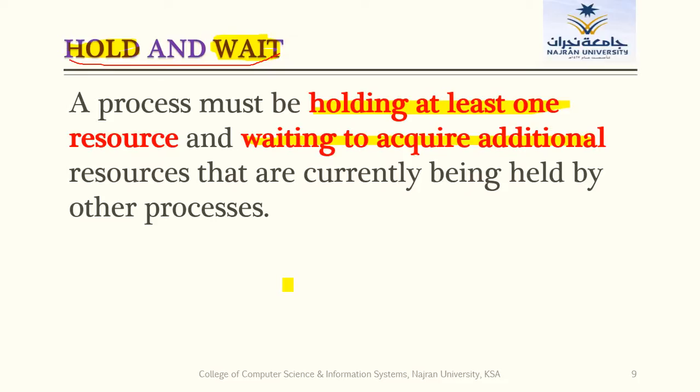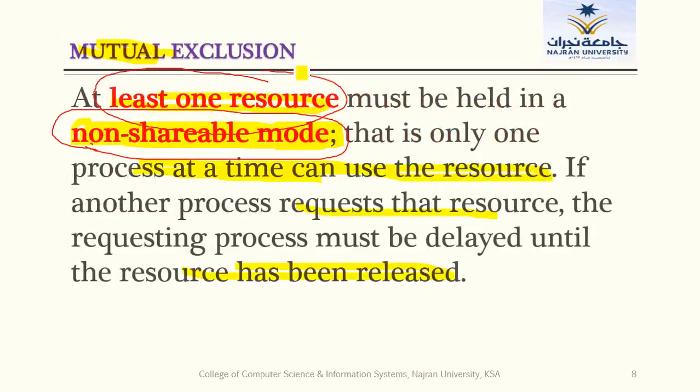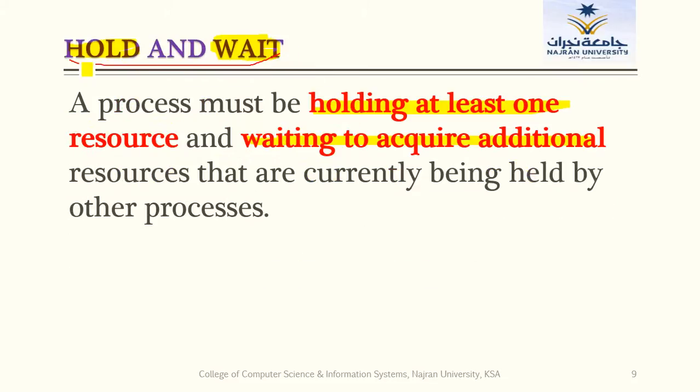So this is the second necessary condition for deadlock, hold and wait. The first one, mutual exclusion, occurs because we have non-shareable resources, and the second necessary condition, hold and wait, is that we are holding one resource and waiting for other additional resources.